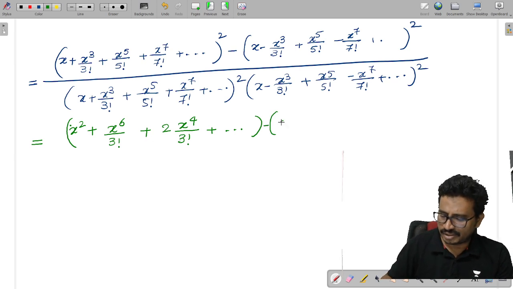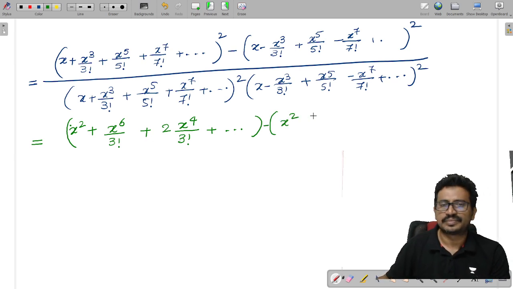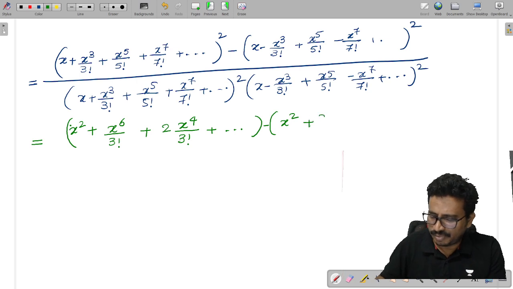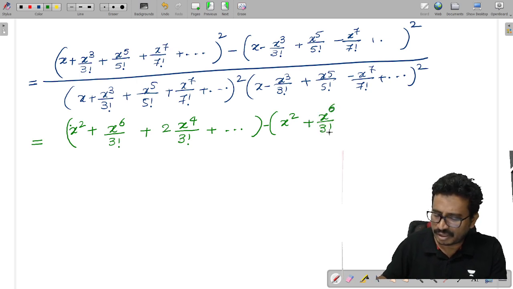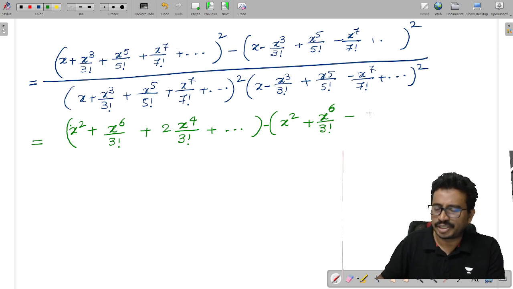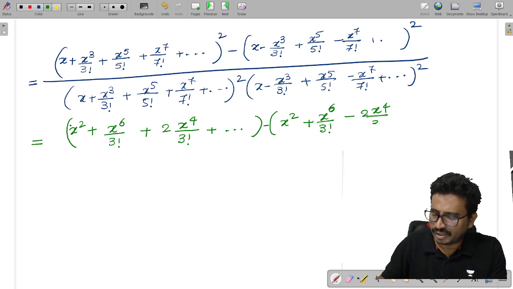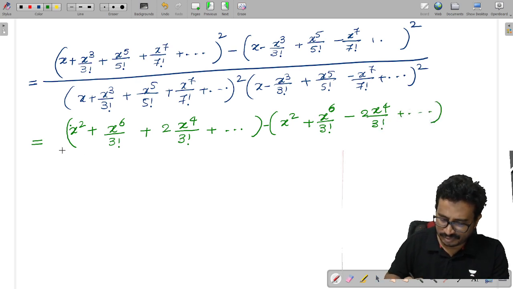Here also we'll get this as a square, next plus b square x power 6 by 3 factorial, minus 2ab, minus 2x power 4 by 3 factorial, and so on.